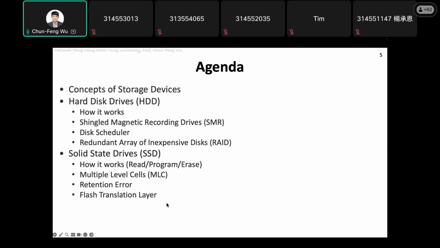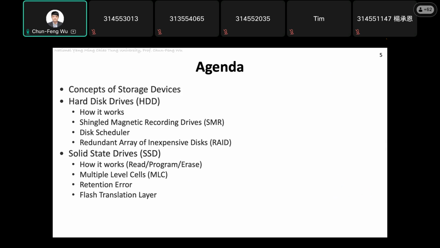We'll first talk about the concepts of storage devices, and then the hard disk drive part. I think most of the hard disk drive part overlaps quite a bit with what you learned in operating systems. For example, how it works: it is an HDD, so there is a read head, there is a write head, and then how to read out data and how to write data.